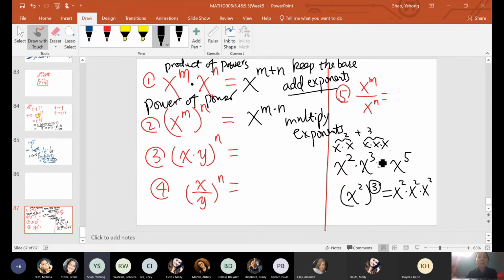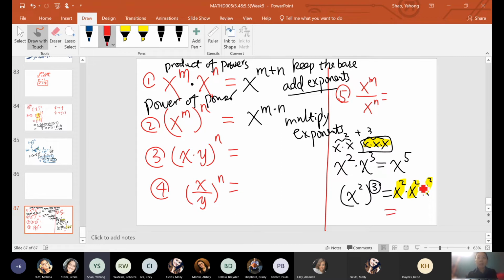It doesn't mean 3 copies of x anymore. That's the main difference. When you have x to the third, it just means 3 copies of x. But when you have x squared to the third, it means you have x squared, and x squared, and x squared. It's not x anymore.